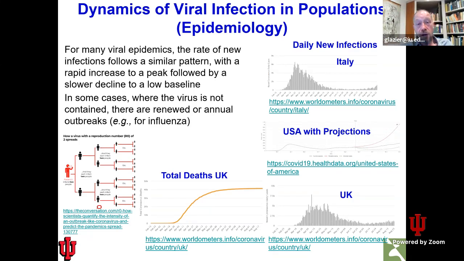Now, in the case of COVID, COVID is what's called a primary infection. If you have never seen a virus before, your body's immune system takes a while, typically 7 to 10 days, before it really is able to respond using what's called the adaptive immune system.